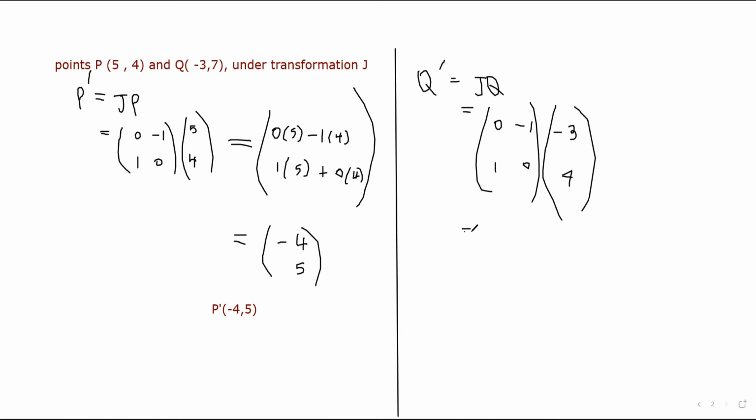It's going to be 0 times -3 minus 1 times 7. Then down here, the next element is going to be 1 times -3 plus 0 times 7.